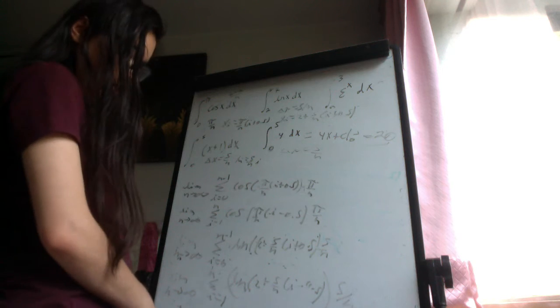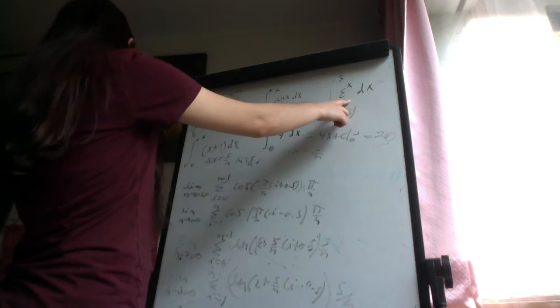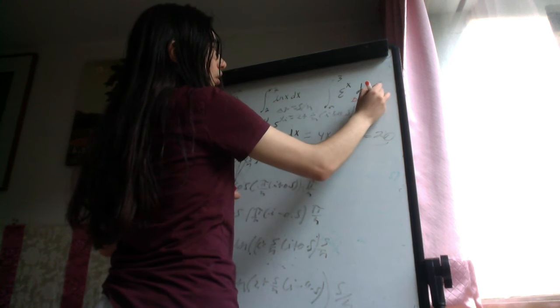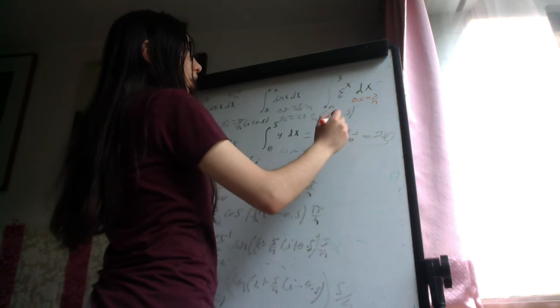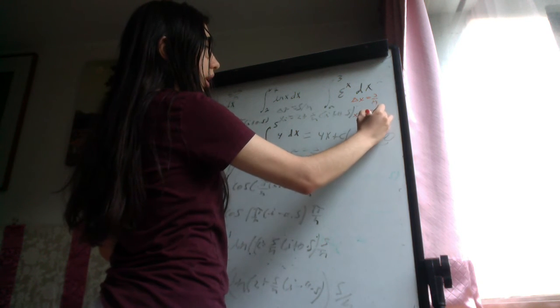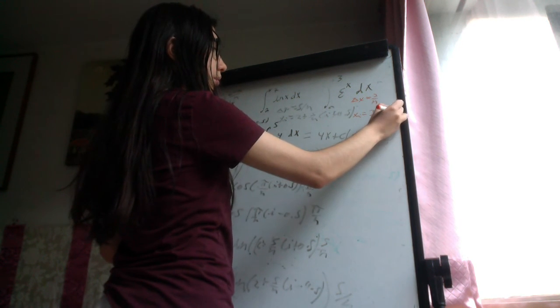The other one would be: here delta x is 3 over n. x sub i is 0 plus 3 over n times i plus 0.5.